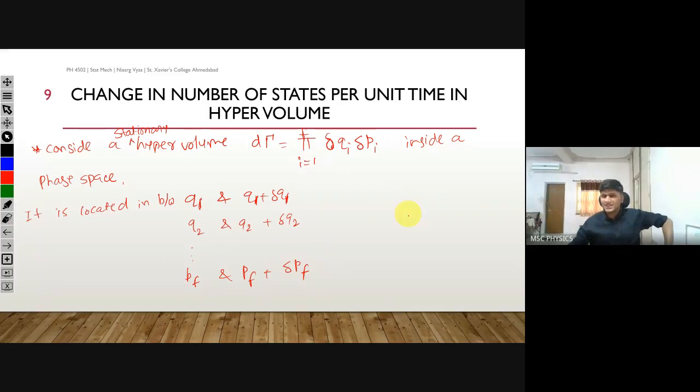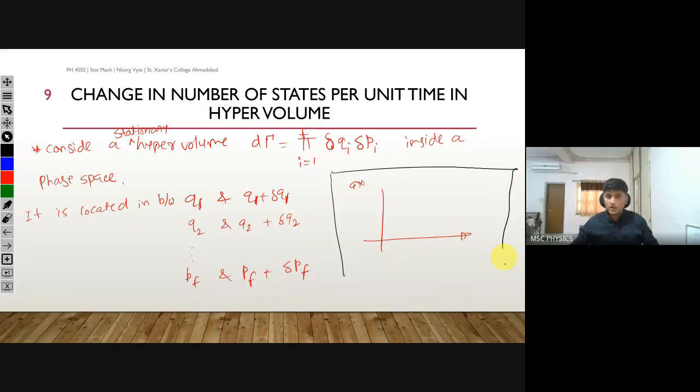So what do we mean by this? Let's take the example of 2 dimensions. This is just an example, so I'm boxing it. It is not related to our derivation. So x and y axes are there. If we want to construct a small area, then that area is between x and x plus delta x, and between y and y plus delta y.